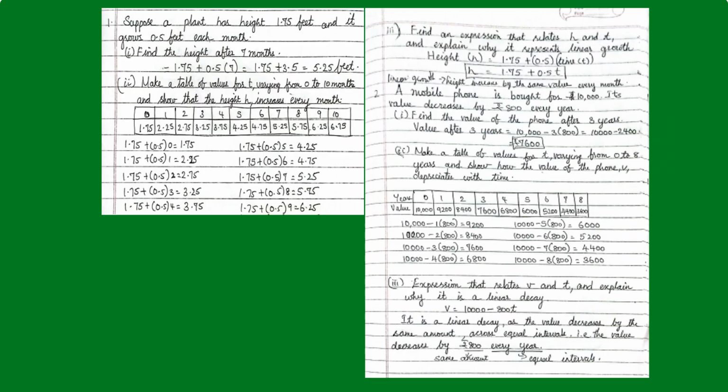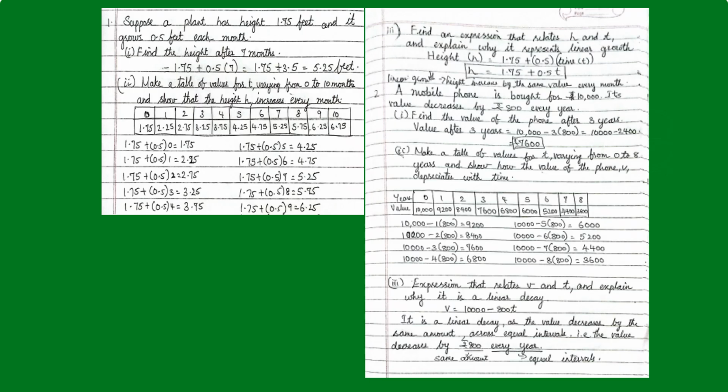At the end of 1 year, one complete year, the value would reduce by 800 rupees, so the value of the phone will be 9,200. At the end of 2 years, it will be 8,400. So we just replace the value in the linear relationship and then substitute the values in the table.